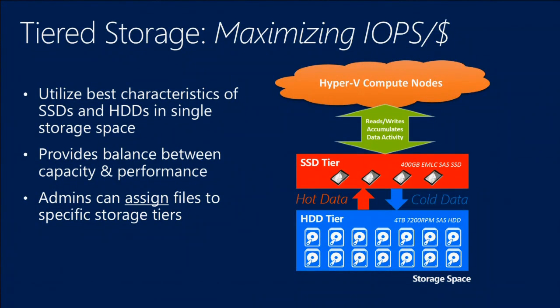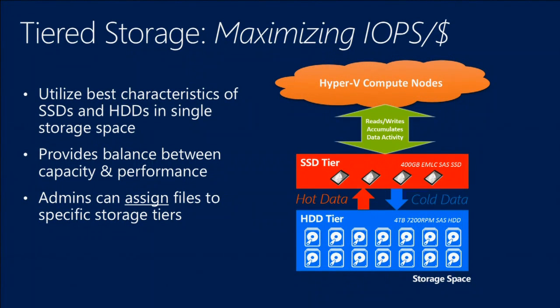Administrators can also override this automatic placement based on heat. I can set a file to be on the SSD. I can set a file to be on the HDD. One of the basic use cases for this is a pooled VM scenario. I have a parent VHD. I have potentially 1,000 desktops with diff disks.